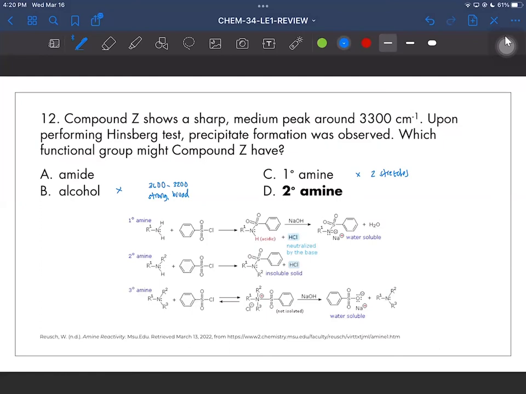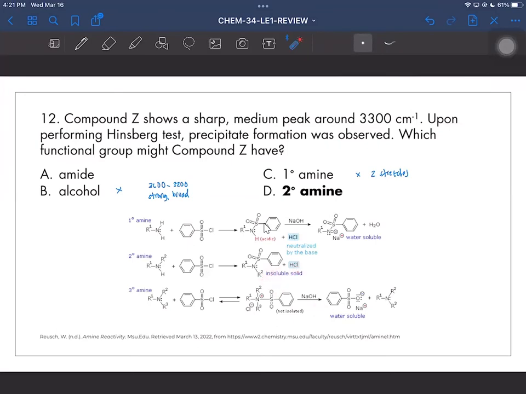It's given in the next piece of information that they performed the Hinsberg test. The Hinsberg test is a test for amines. It differentiates between the primary, secondary, and tertiary amines using benzenesulfonyl chloride. Upon performing the Hinsberg test, it reacted and formed an insoluble solid here.